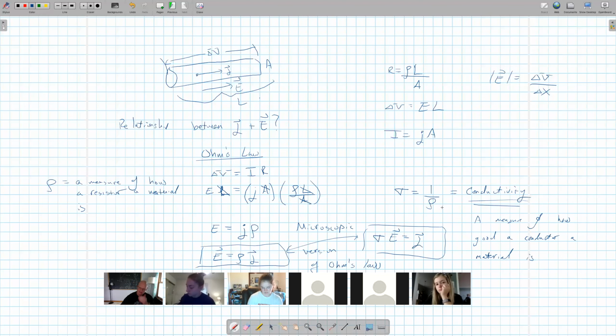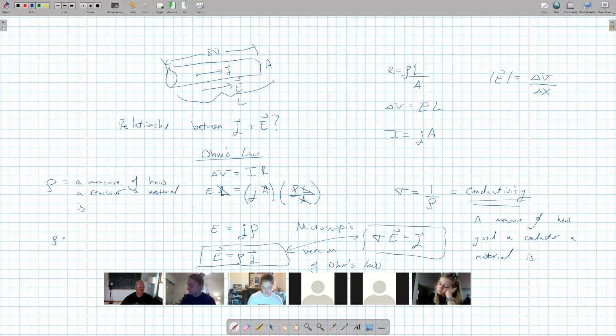Notice that they're inversely proportional to each other, which means that if something is a very bad resistor, then it's a very good conductor. But if it's a very bad conductor, then it's a very good resistor. So they're inversely related to each other.